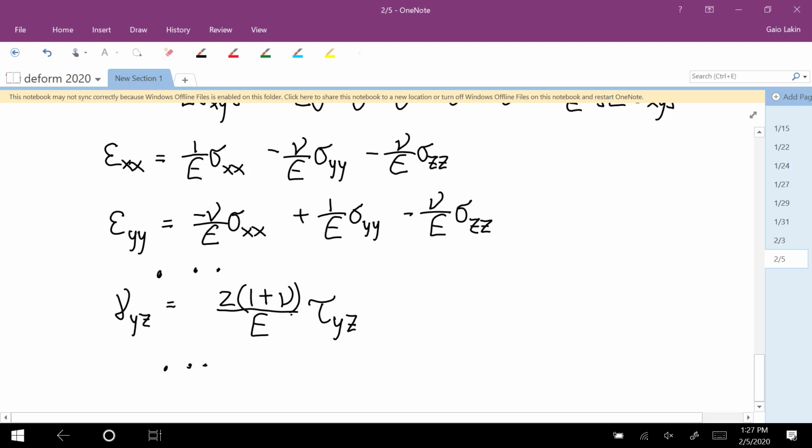This is called the Poisson's effect, the fact that a normal element depends on all three normal elements, because if you squeeze the sides, it bulges out the top, and all the different versions of that. But there's nothing like that with shear stresses and strains. There's no Poisson's effect with shears.